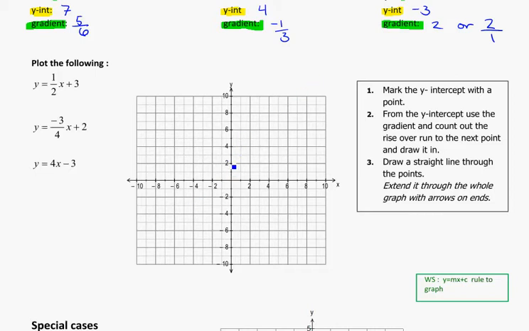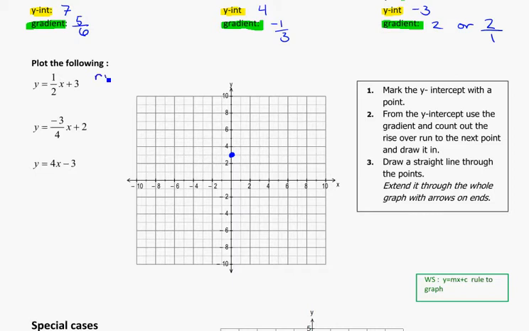So I'll go up to y equals 3, and I'll put in a point. Now from there, because that's going to be my start point, I'm going to use the gradient to count out the rise over run to the next point and draw it on. So my y-intercept always has to be my starting point. We have to make that the start, and now I need to think about what my gradient's telling me.